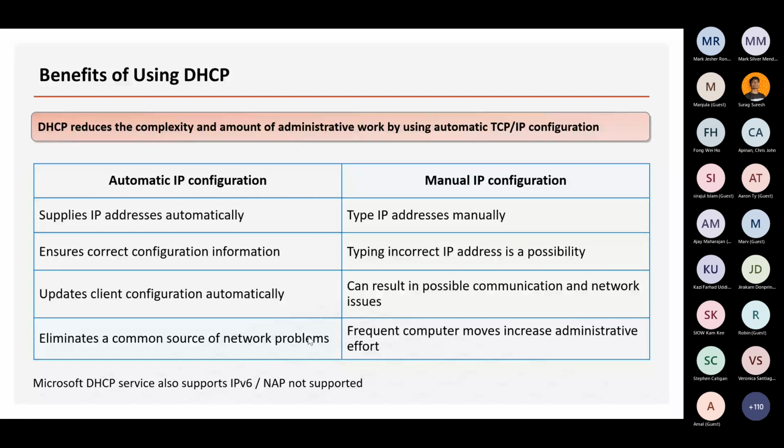One, with static IP addresses, we understood there were manual or human errors happening. That has been avoided, because as an admin, I'm configuring a pool of IP addresses in my DHCP server. Now we understood DHCP is assigning an IP address. How is it assigning? It's based on the configuration the admin has done in the DHCP service.